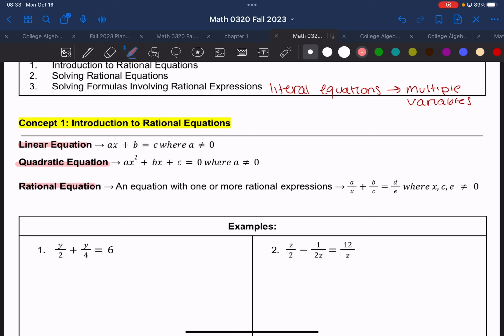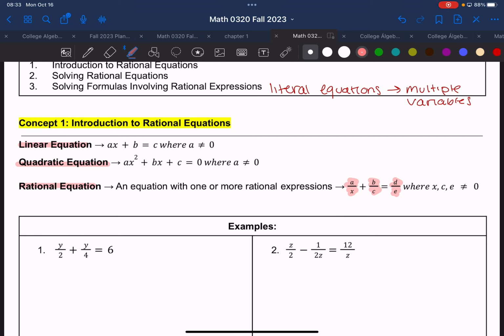Now we're mentioning rational equations. This is an equation with one or more rational expressions. For example, a over x plus b over c is equal to d over e. So a fraction plus another fraction will give us a fraction. In this case, the only variable is x.